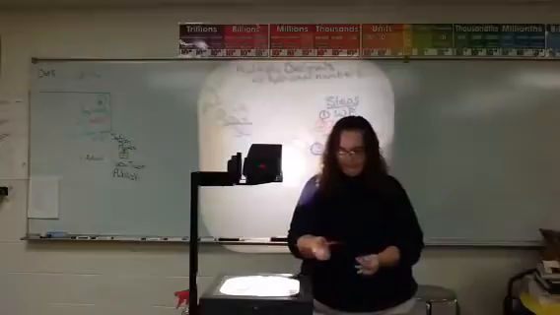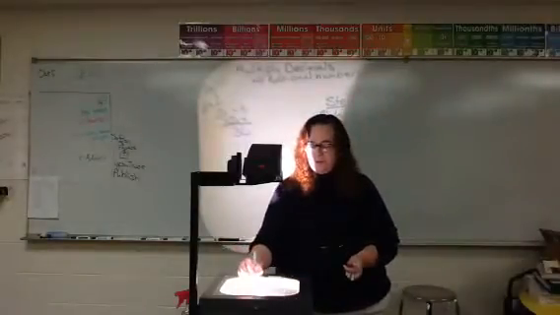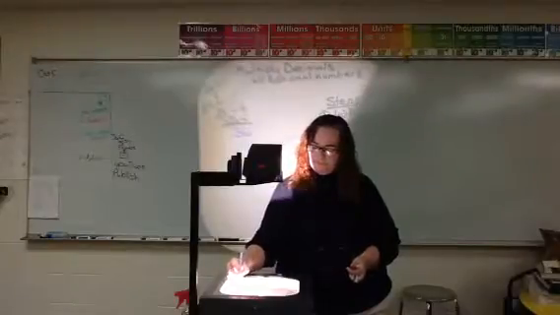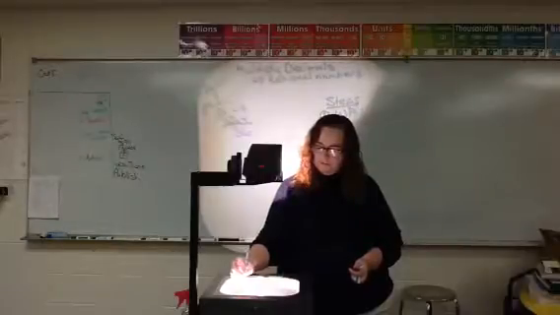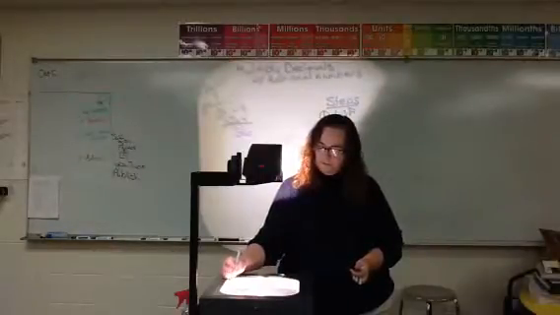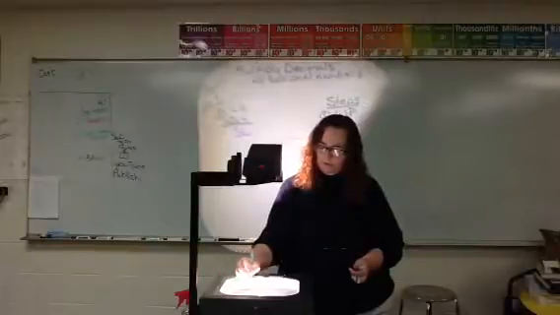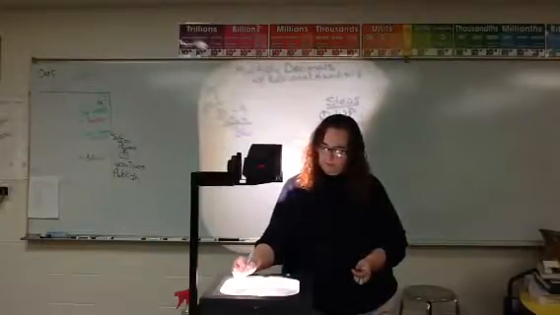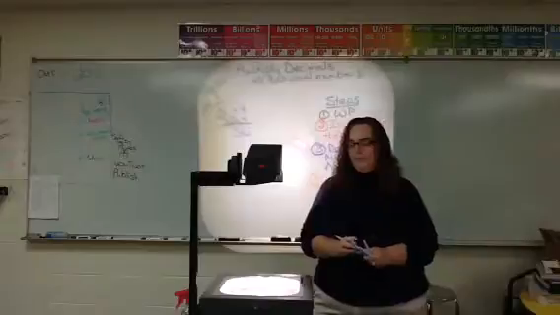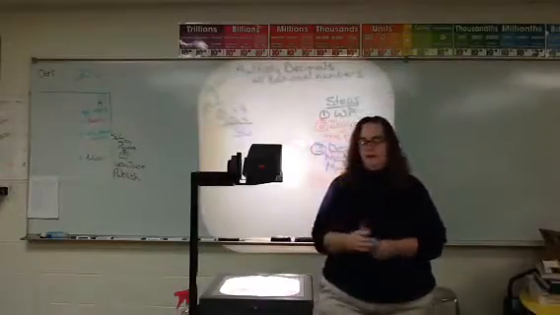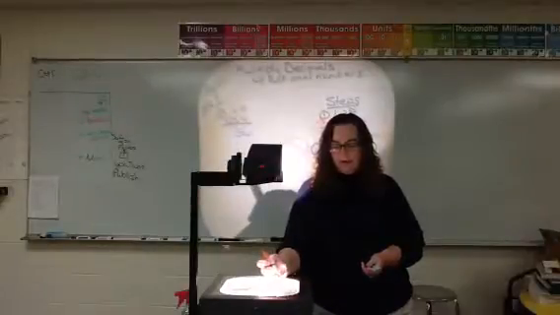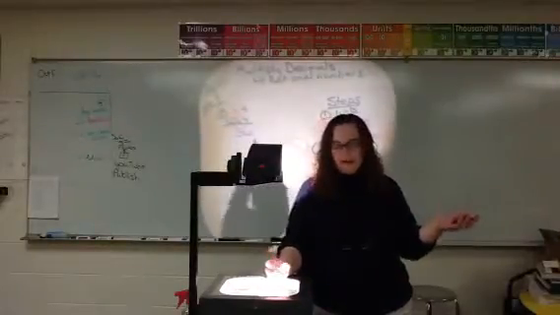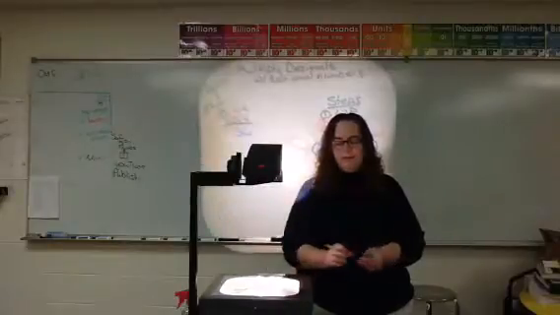Step 4, check the sign. Okay, you know what I mean by that. Check the sign, put the sign in your answer. We have a negative 9 times a positive 4. A negative times a positive is a negative. So we put that sign out there.